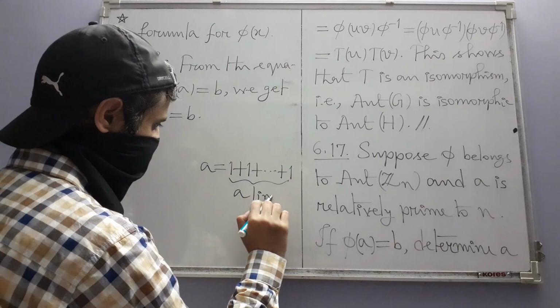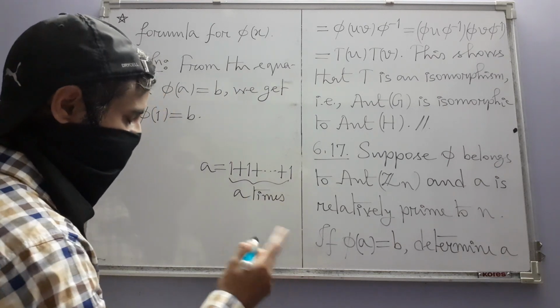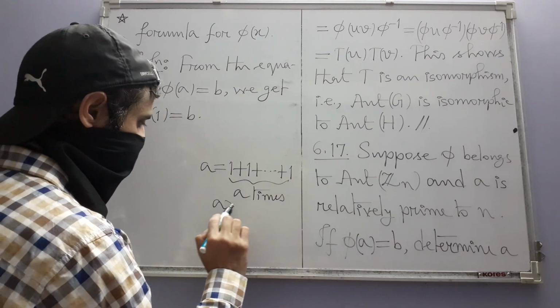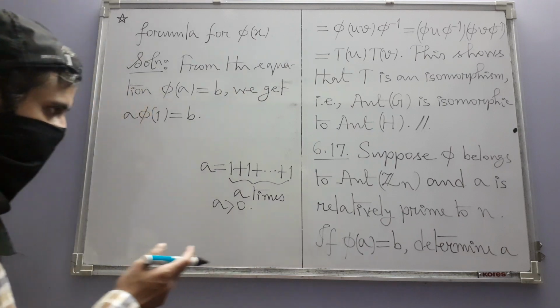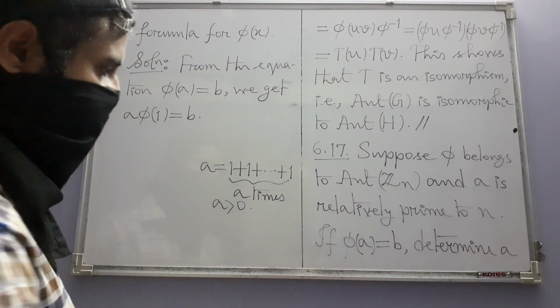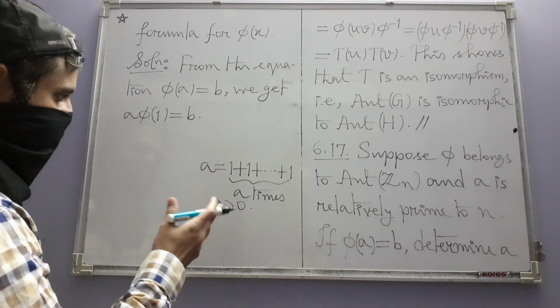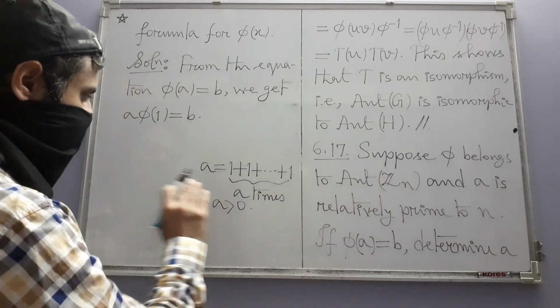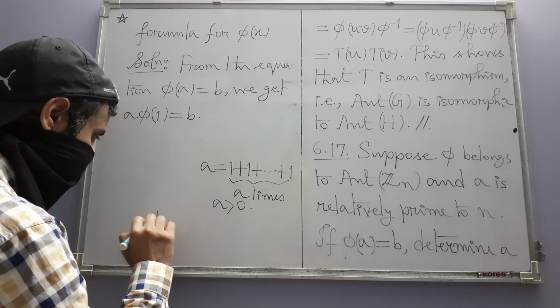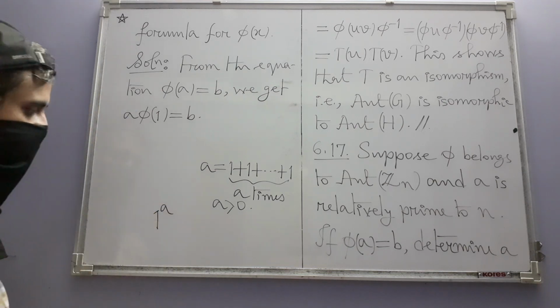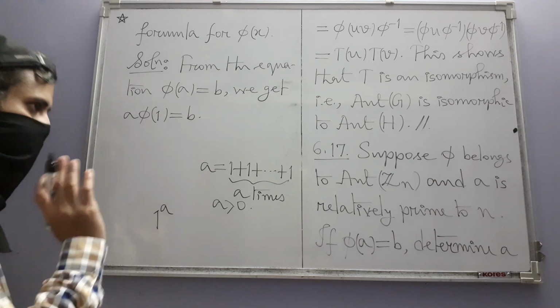A times, if A is positive, and you also of course know the other meanings when A is 0 and when A is negative. So A actually in this group means the A-th power of 1.